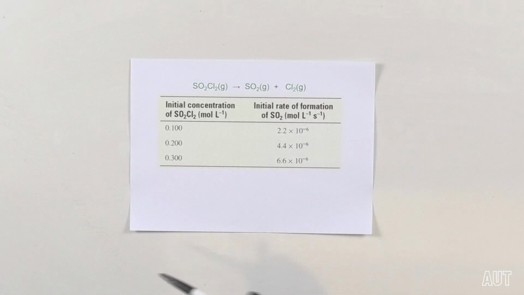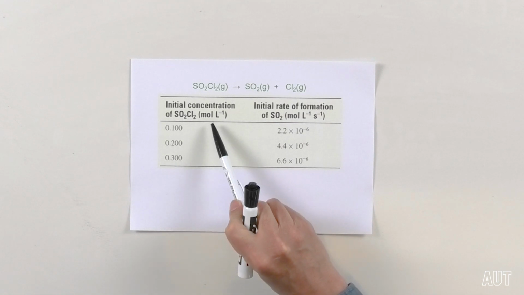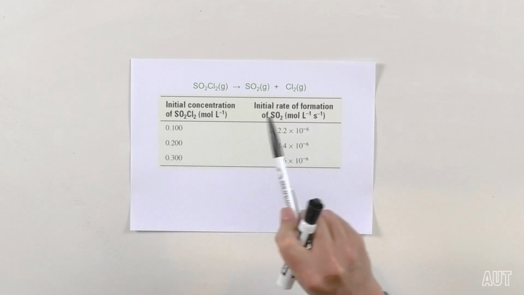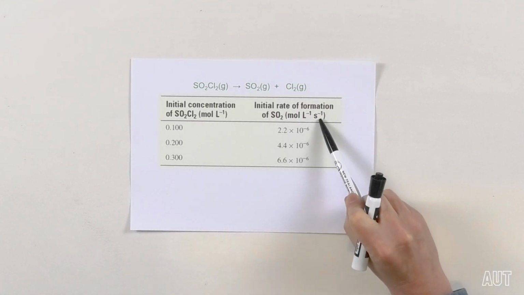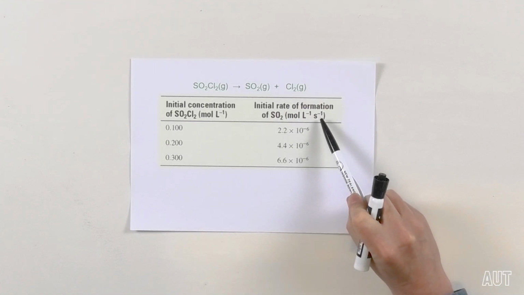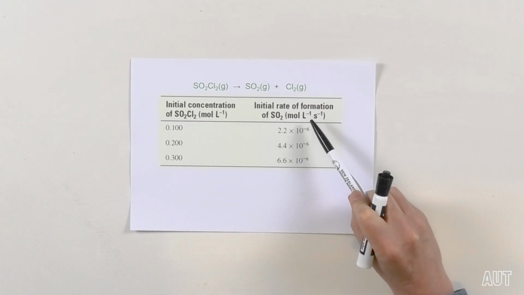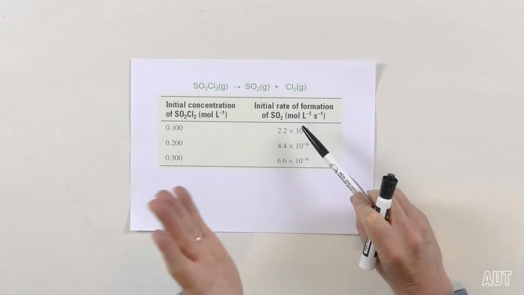What we've got is concentration data and rate data, specifically initial rate data. Remember that the initial rate is basically linear, so the plot of concentration versus time is essentially linear right at the start, and we can get those initial rates quite happily.